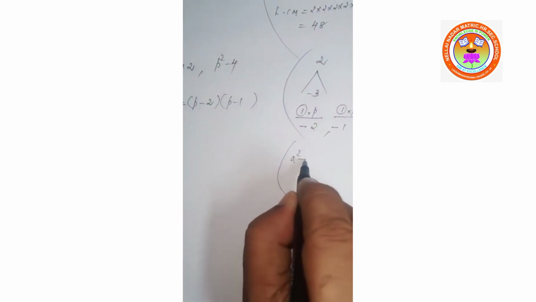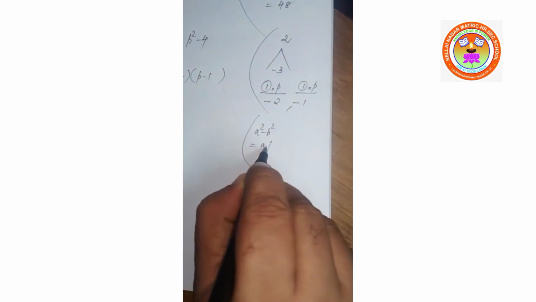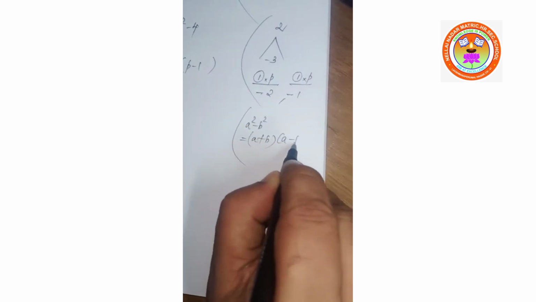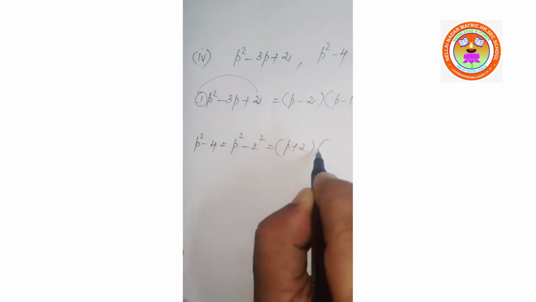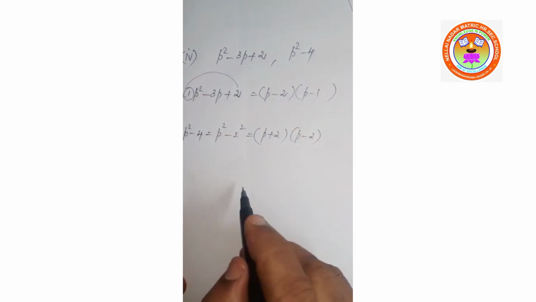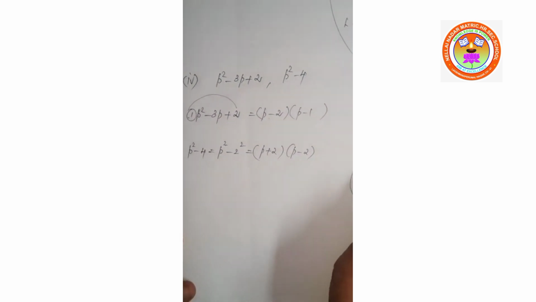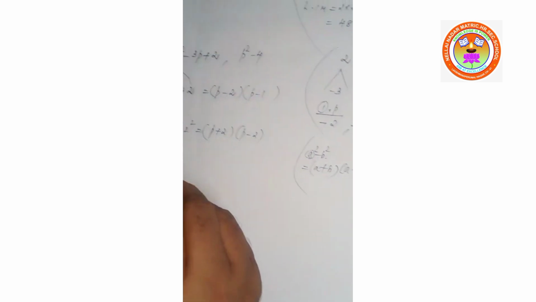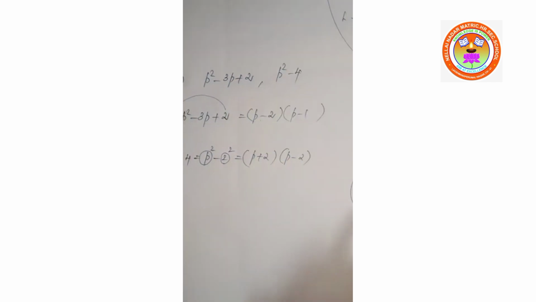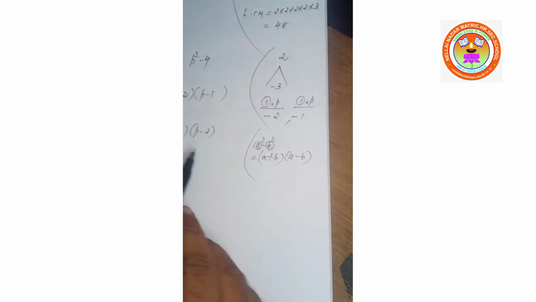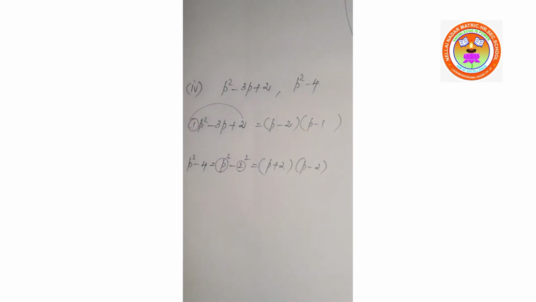I write this identity for your reference. A squared minus b squared is equal to a plus b into a minus b. That is equal to p plus 2 into p minus 2, correct? Instead of a, what is here? P. Instead of b, what is here? 2. A plus b into a minus b. So p plus 2 into p minus 2.